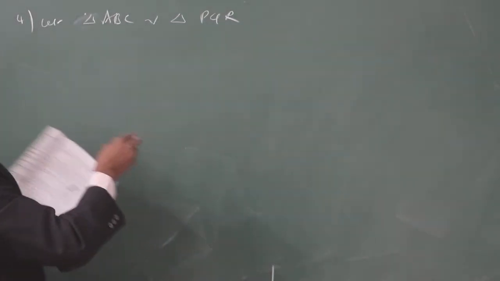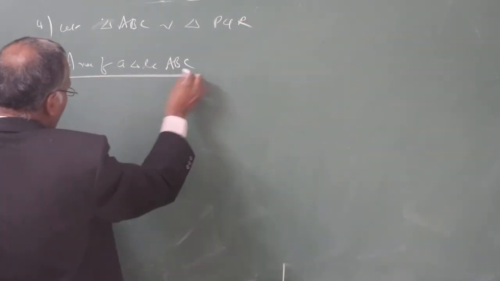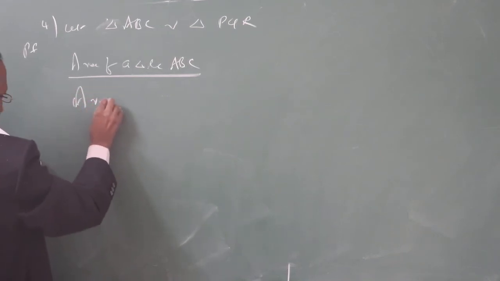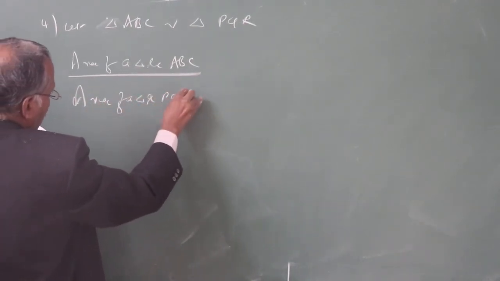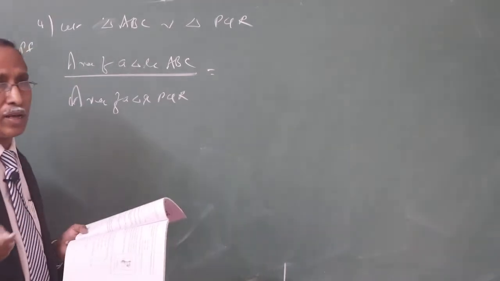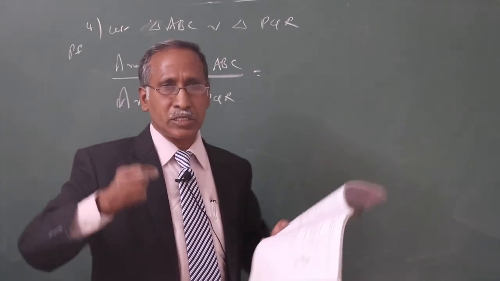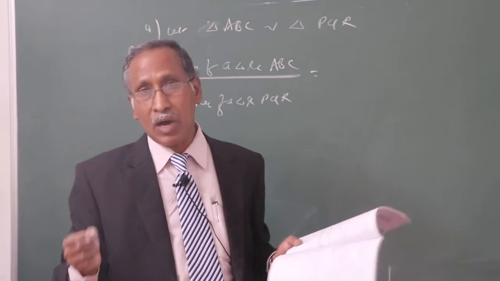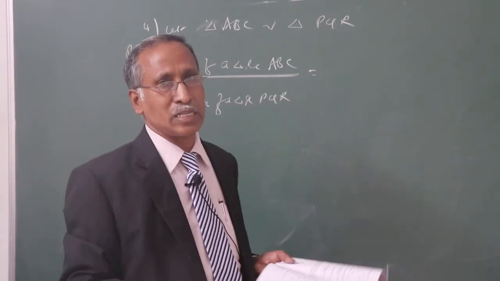You know, by the theorem, how to write area of triangle ABC by area of triangle PQR. By theorem, the ratio of the areas of similar triangles equals the ratio of the squares of the corresponding sides.